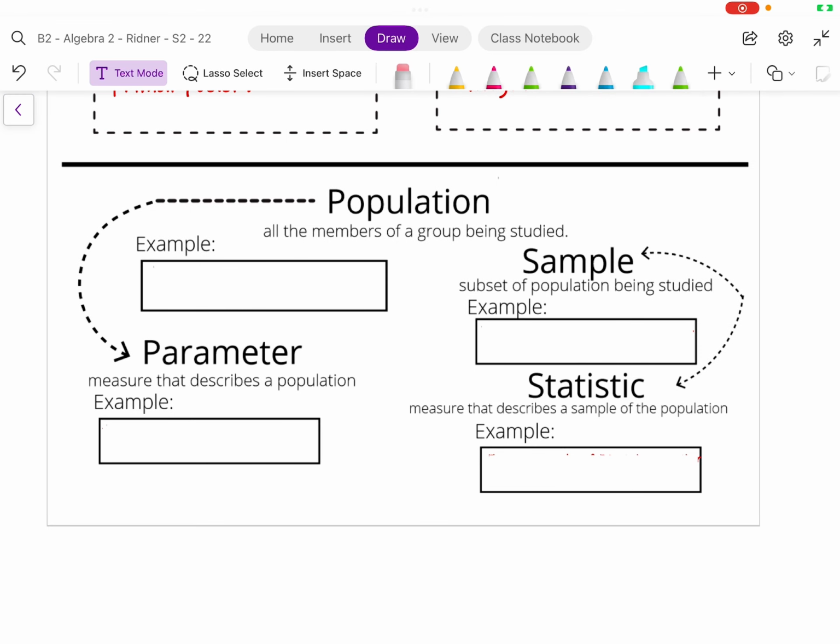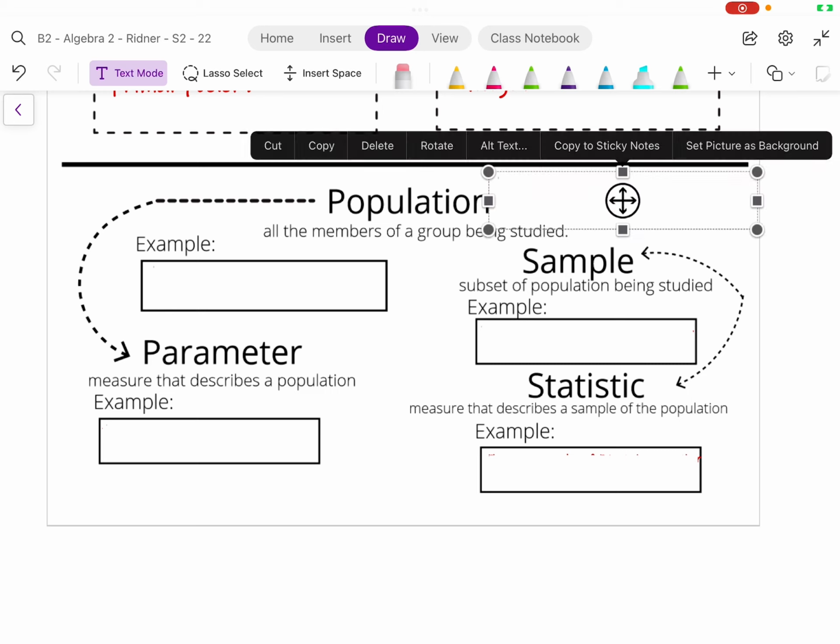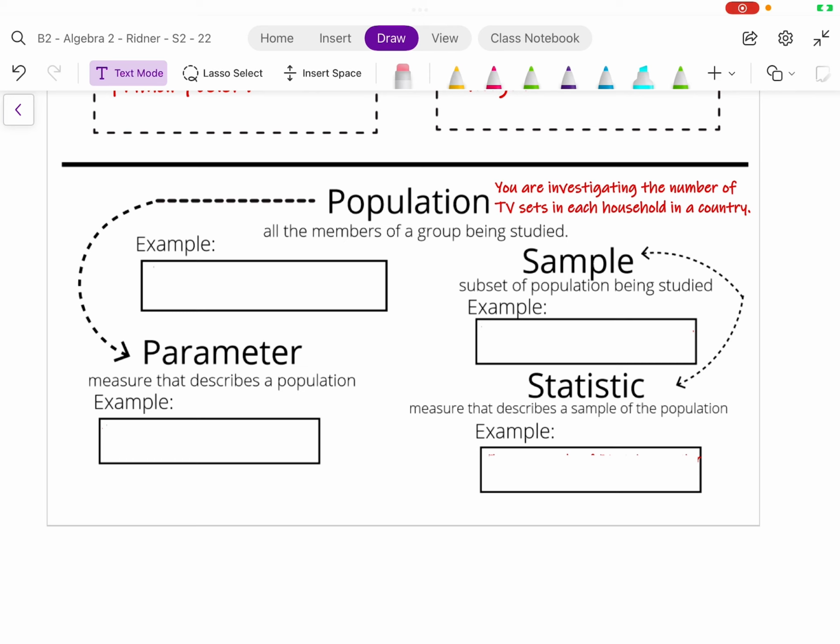All right, what's the difference between population and sample is the part 2 of this. So let's look at the example. You are investigating the number of TV sets in each household in a country. Okay, notice that the whole broad span of everything is the country.